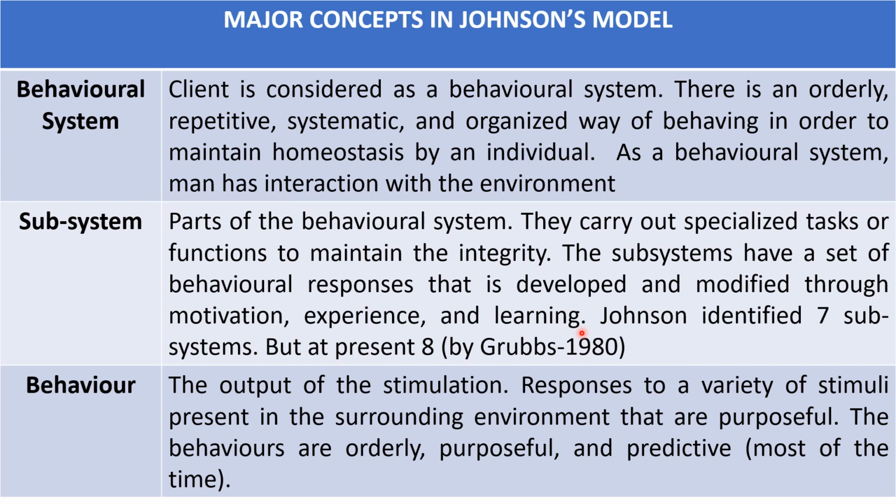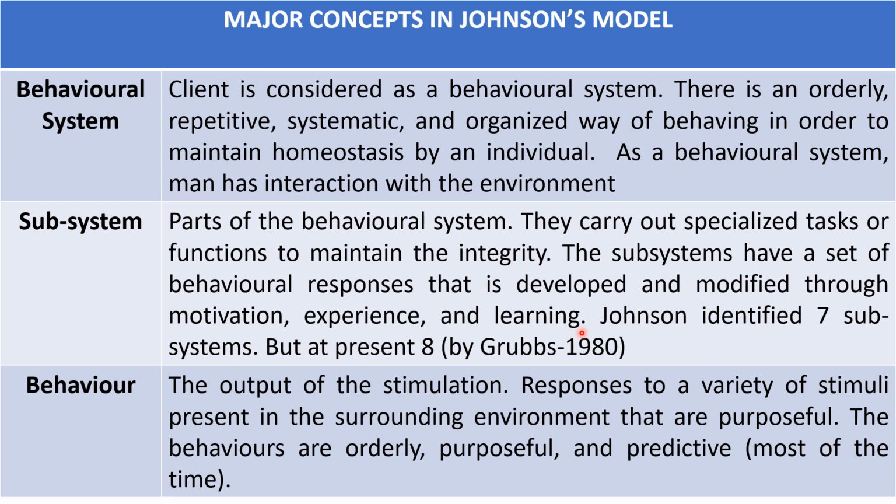For example, if we are thinking about the ingestive system, how we are taking our food, how we are consuming our food. As a child, we might be having different behavior of taking the food from the plate and having it. But as we grow, as we are experienced, as we learn things, we understood about the table manners and how to take the food.